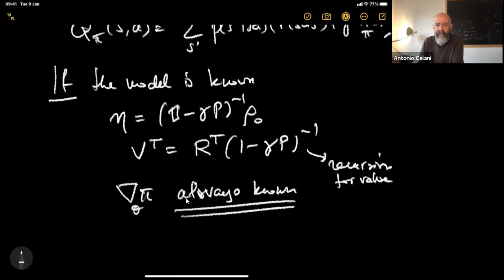So this is exactly what we did as an algorithm when we were discussing policy iteration. This is exactly what policy iteration does, only that this is now happening on a submanifold of the space of policies rather than in the full space.